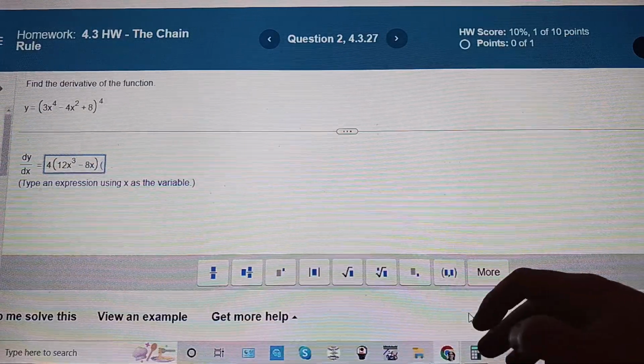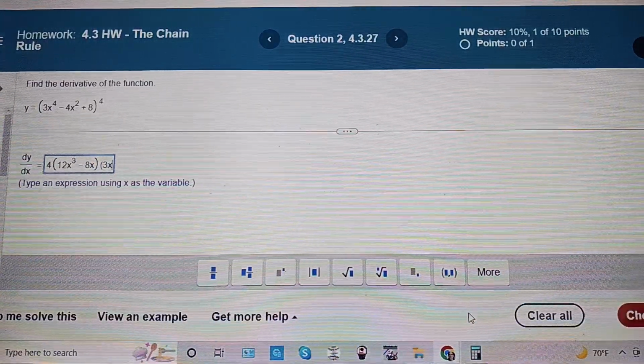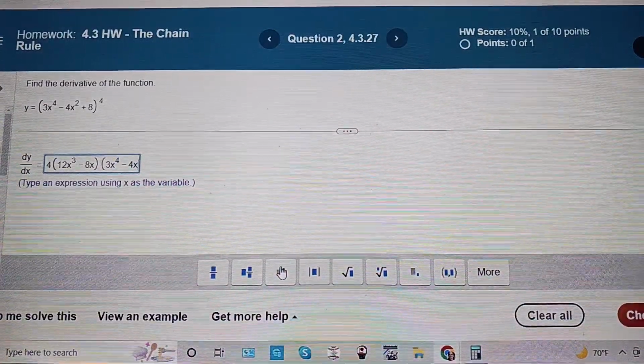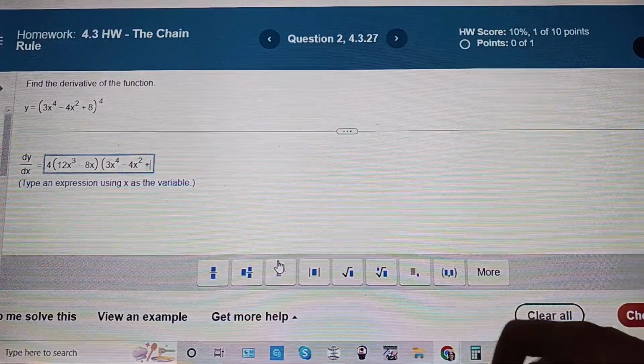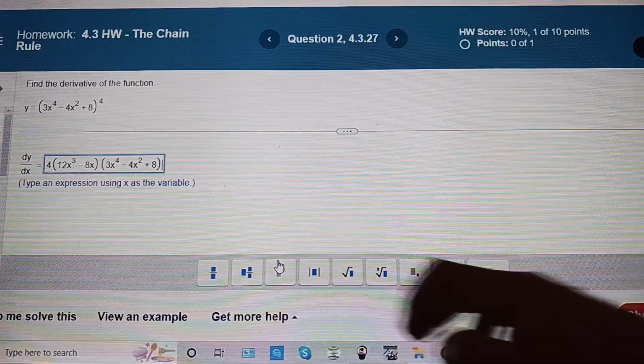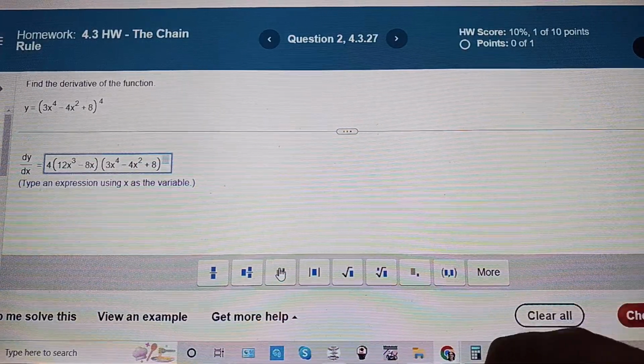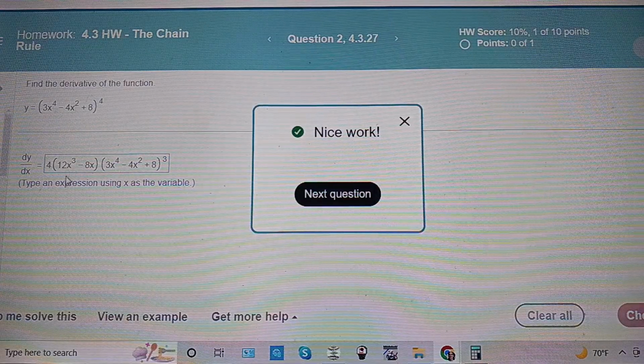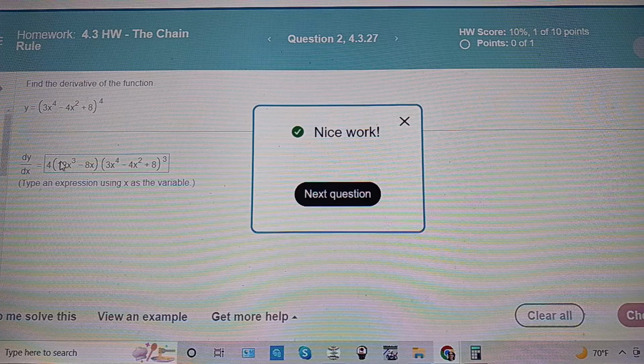And then I have my original base, 3x to the fourth minus 4x squared plus 8. And then the exponent got decreased to a 3. So they took this, but they would definitely take the distributed version.